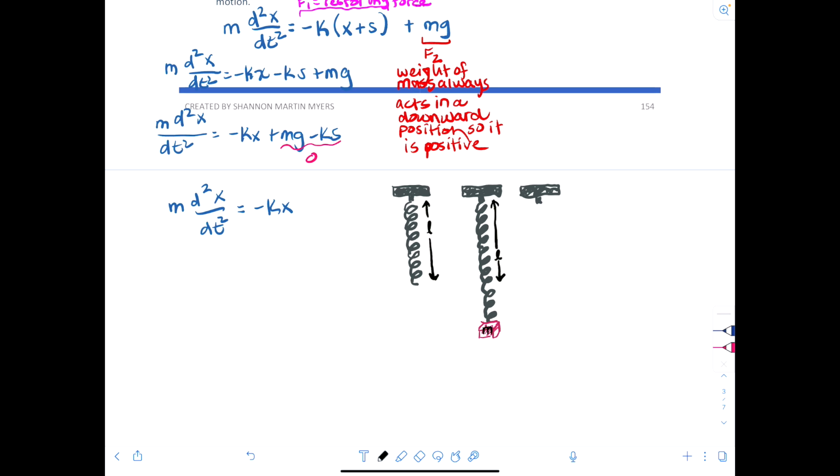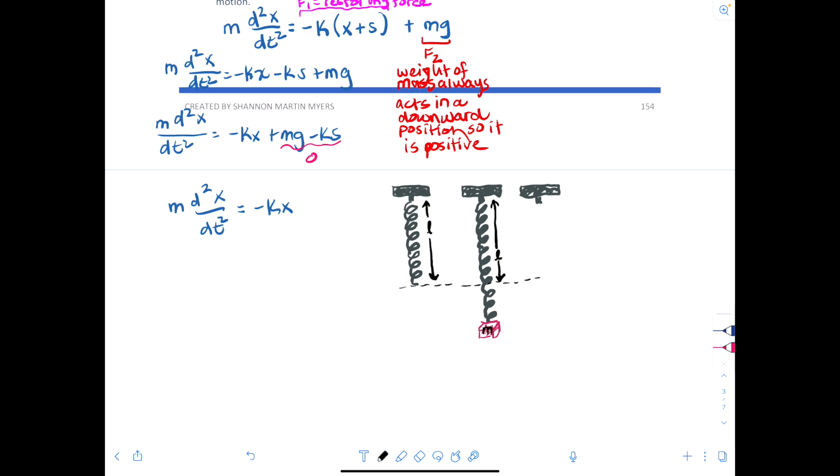But now we also have x equal to 0, which is that state of equilibrium position, right?